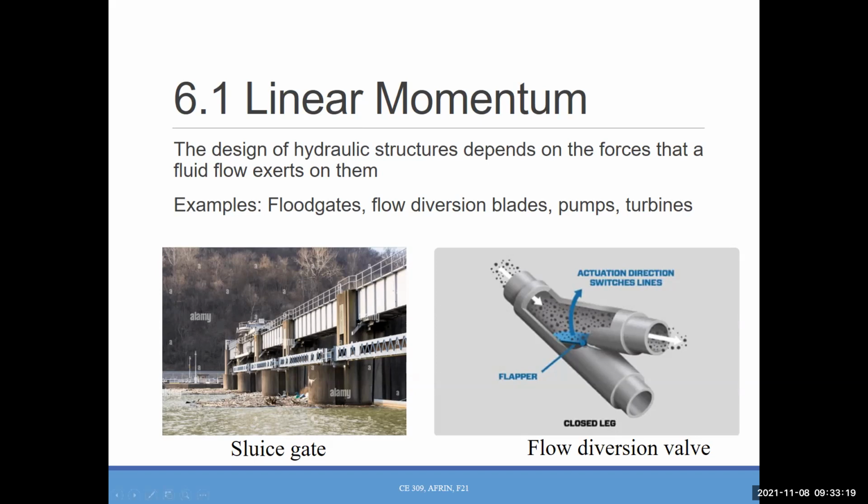If we want to design a sluice gate or a flow diversion valve, which is used for industrial purposes to divert the flow from a silo or conveyor in a different direction, you need to know what amount of force from the fluid is coming. That's why we need to use the momentum equation.